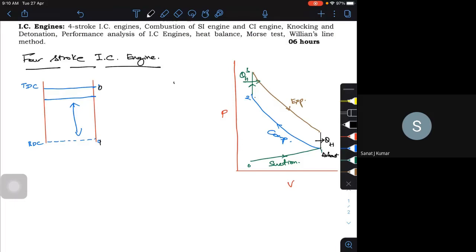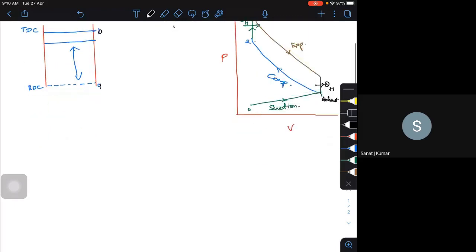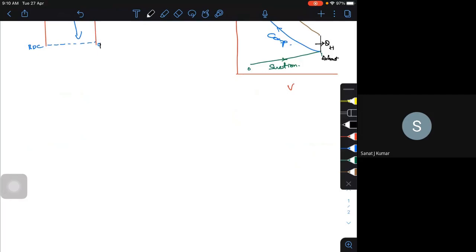Now, what will happen in a conventional IC engine? In a conventional SI engine, I will have the fuel and air mixture.